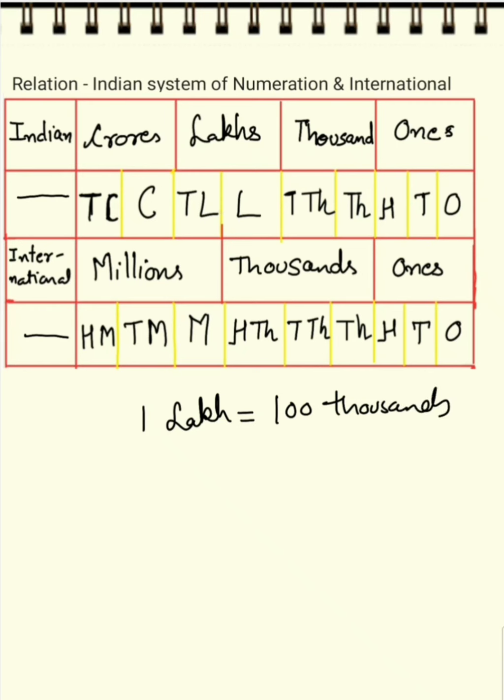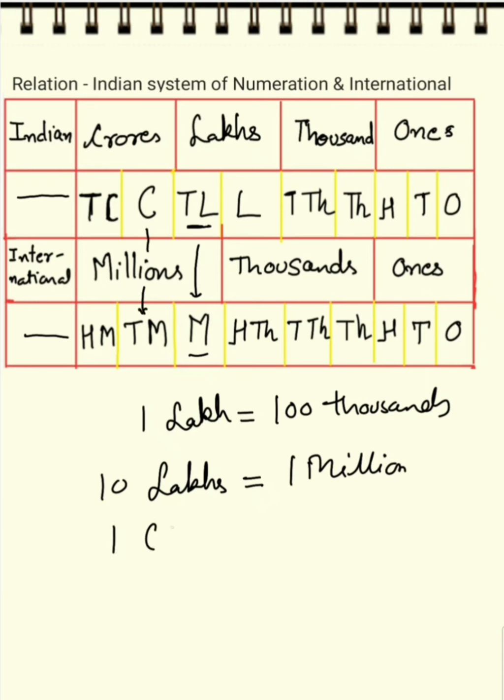Correct? And from here see, this is 10 lakh and this is 1 million, meaning 10 lakhs are equal to 1 million. Correct? And here see, 1 crore is equal to 10 millions.